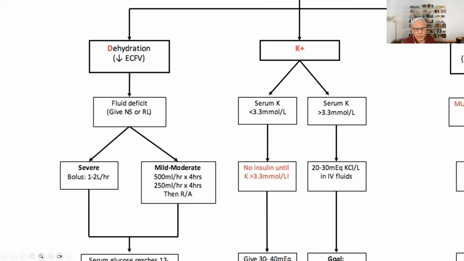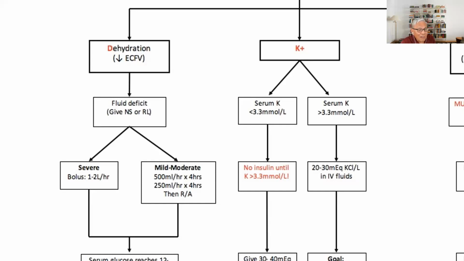So this is going to be a very important part of treatment, because you remember that in ketoacidosis, there's going to be fluid loss. So correction of fluid loss makes the clinical picture clearer and, in fact, may correct the acidosis.